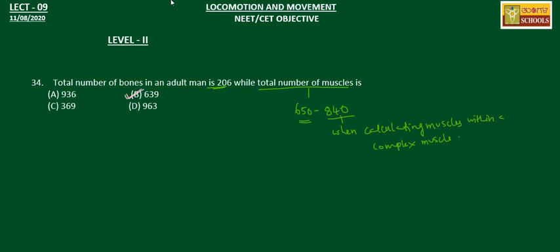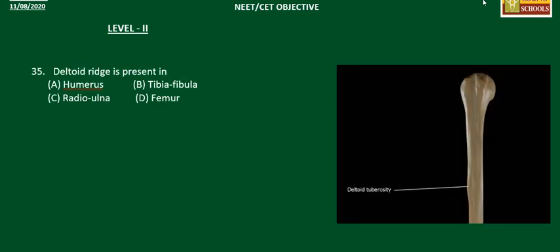So total number of muscles is around 639. Actually it will range from around 650 to 840, and I told you that this 840 will come when calculating the muscles within a complex muscle. So answer is B.